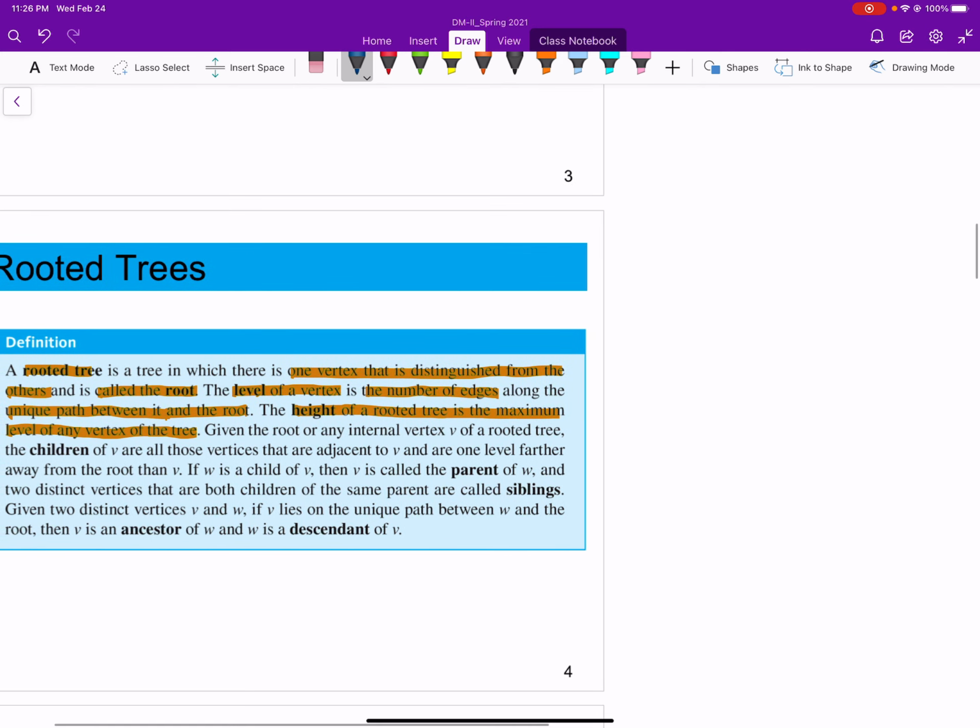Let's say this is the root. There are, let's say, 3 vertices, and here 2 vertices, 1 vertex, 2 vertices, 2 vertices, 2 vertices, and then here 1 vertex. So this is a rooted tree.